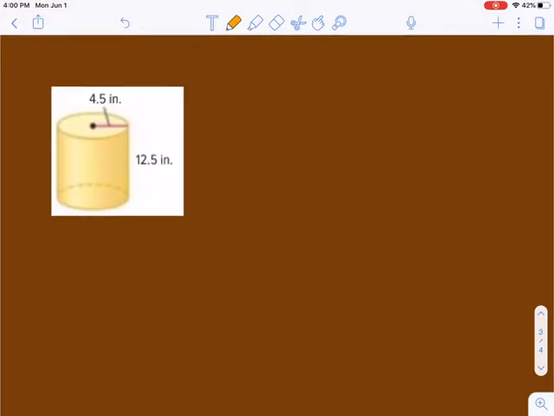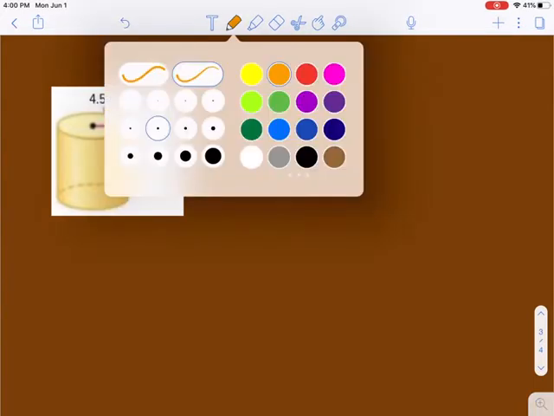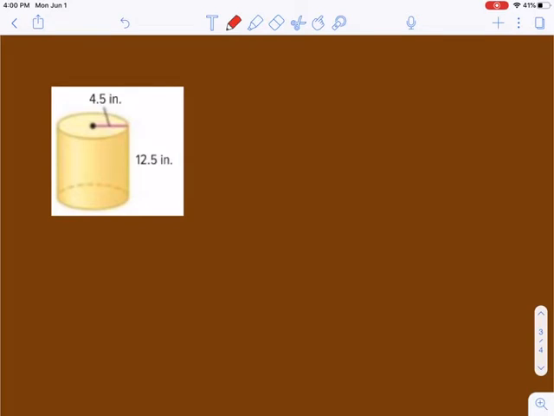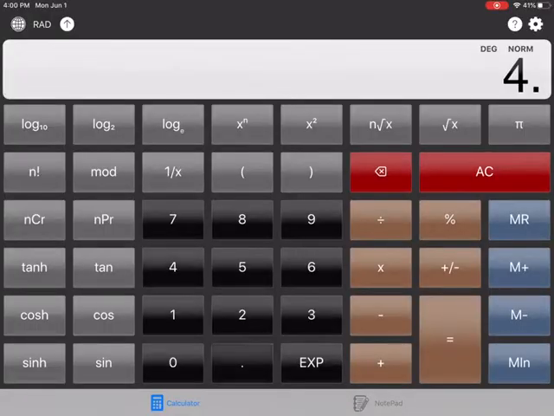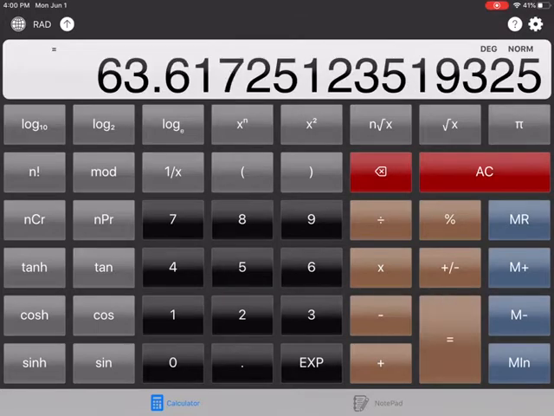So let's do this. For this one right here, let's start with the bases. The bases are each pi r squared. So you get pi, and r is 4.5, so it's 4.5 squared. If I do 4.5 squared times pi, it is equal to 63.62.